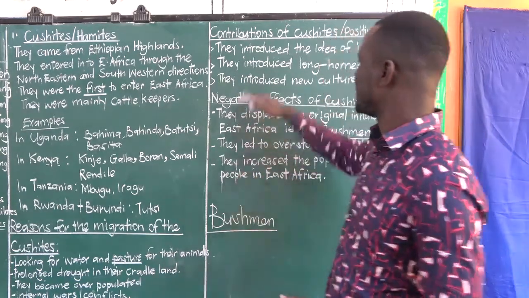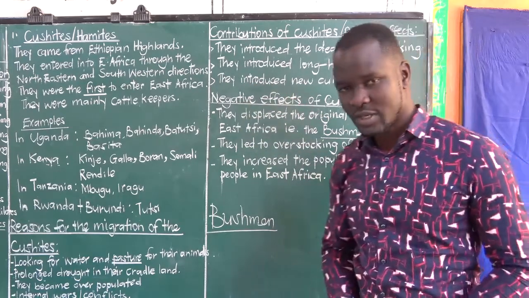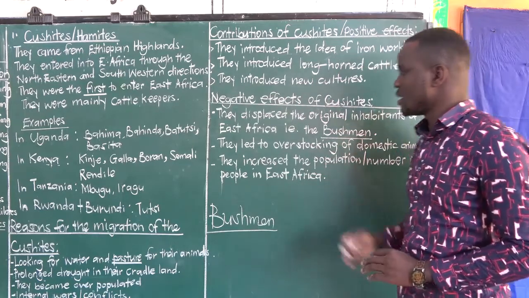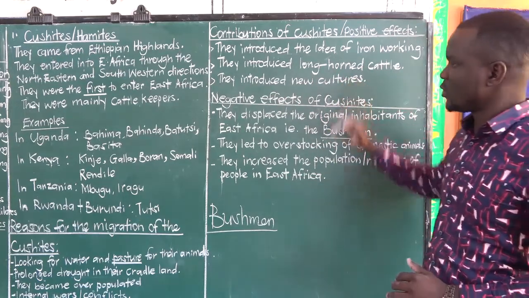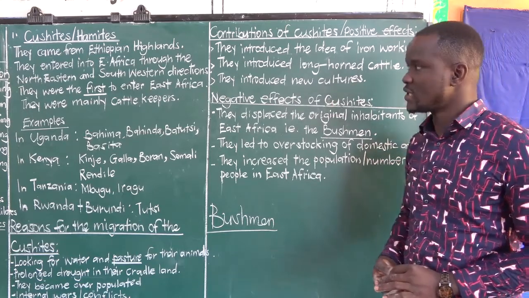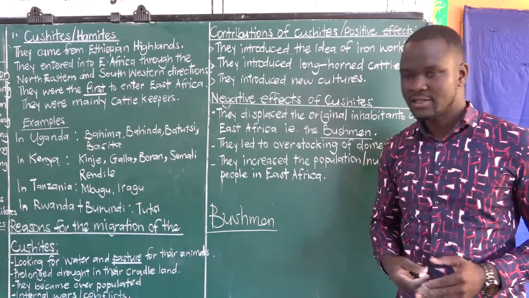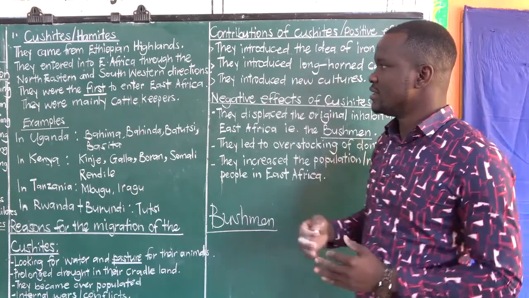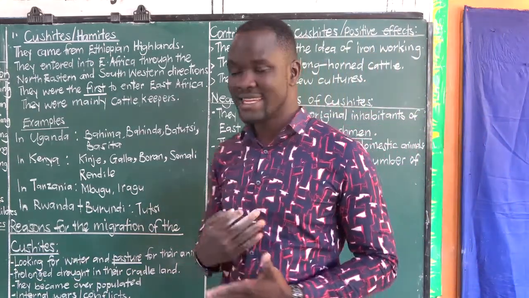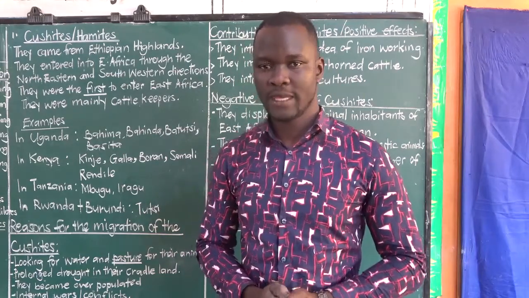So you will even have that point here. Still, you will get a tick if you put it there. So this is what we can share for the case of the Kushites, whom we have also called the Hamites. Remember, we have said this was the first ethnic group to come to East Africa.